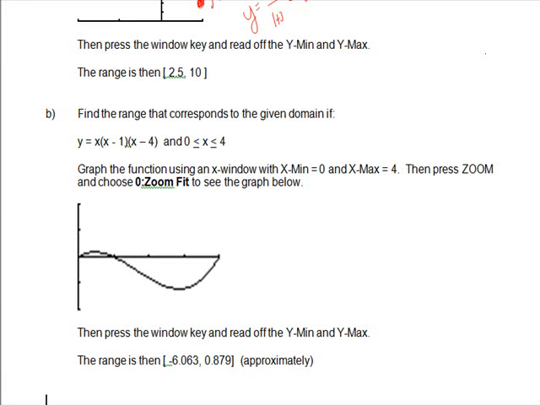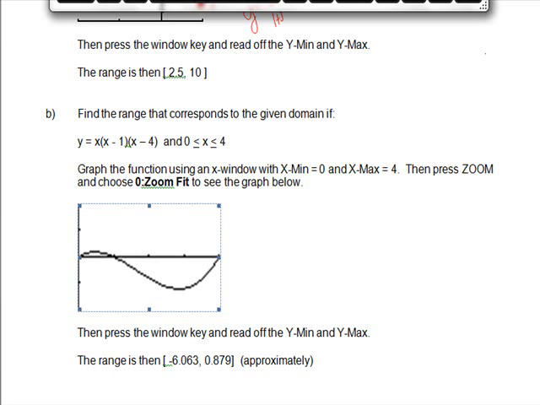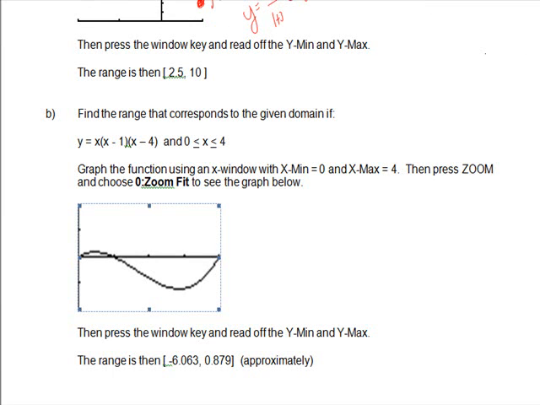So again, I want the range. This is a little different because the top and bottom of the range are not the left and the right. Notice here's the bottom y right here, and here's the top y.